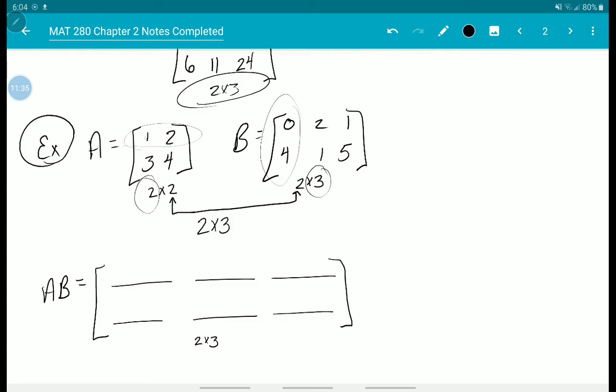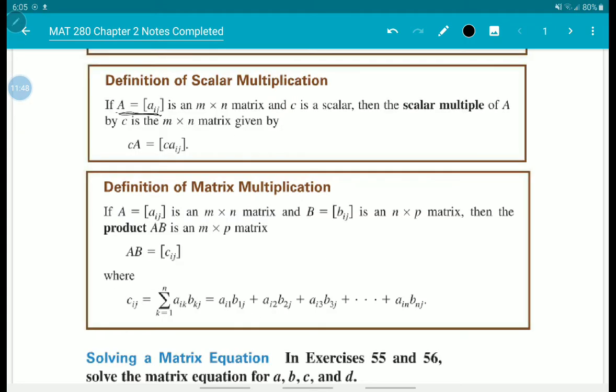So I'm going to multiply 1 times 0 plus 2 times 4. So I'm moving across that first row and I'm moving down that first column. And I'm going to add. That's what this algorithm is trying to tell us here.